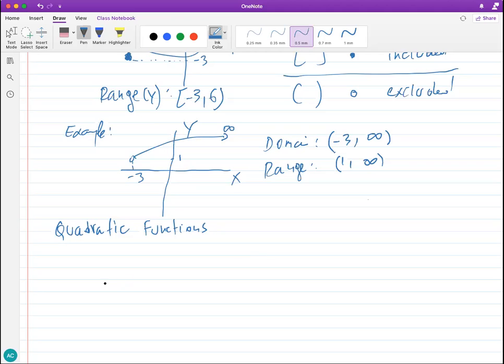As we saw last time, it's either facing up or down. Let's say maybe this way. This is the x-axis, this is the y-axis.